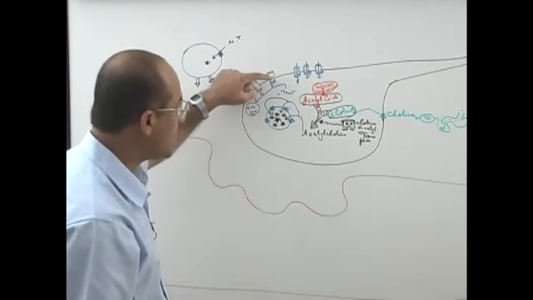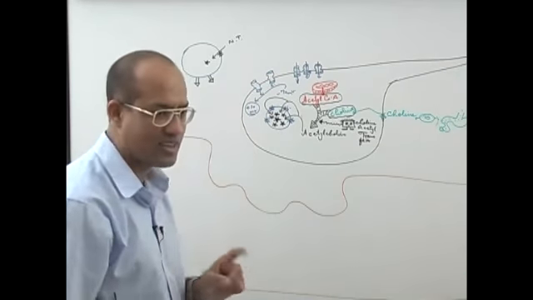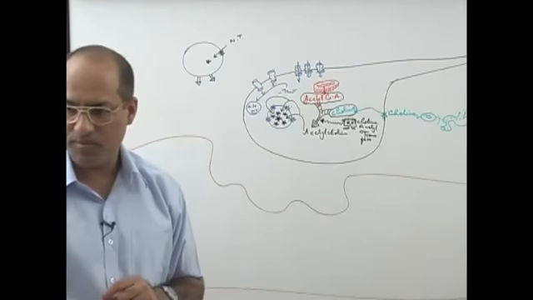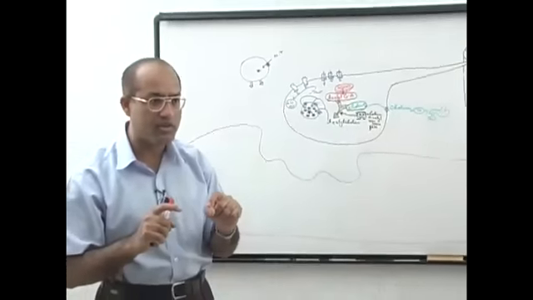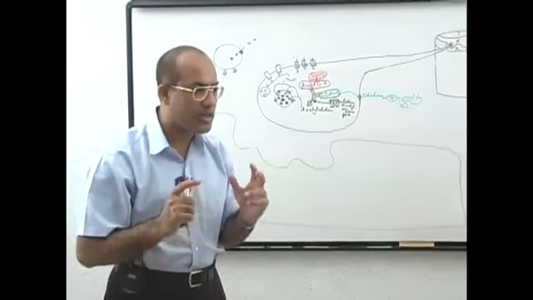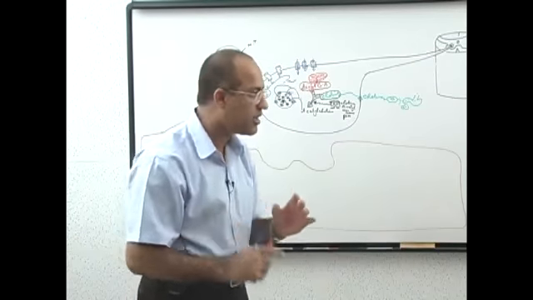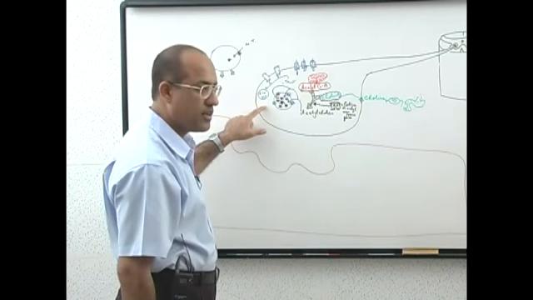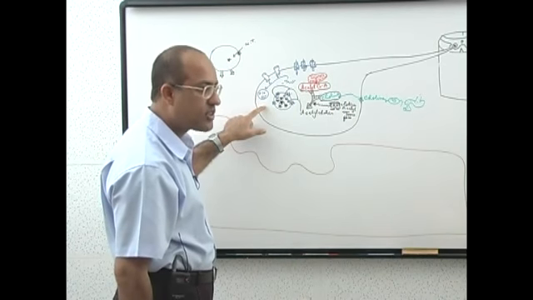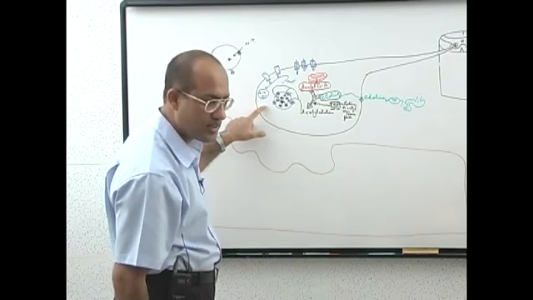Now this is the point to understand: as soon as the action potential or wave of depolarization approaches the nerve ending and the nerve ending is depolarized, it activates its very special depolarization sensitive calcium channels.